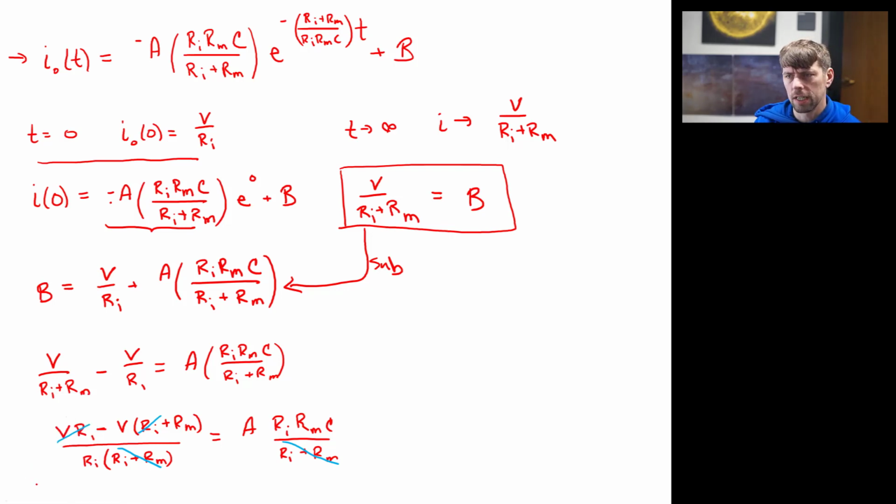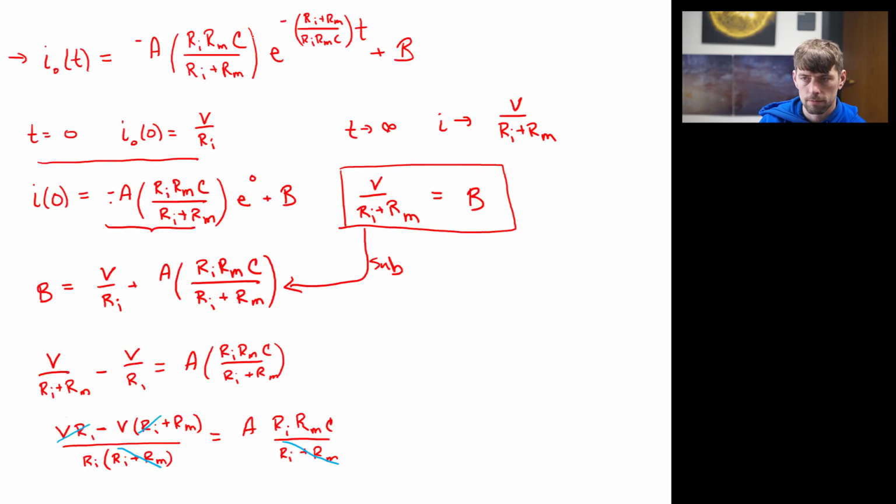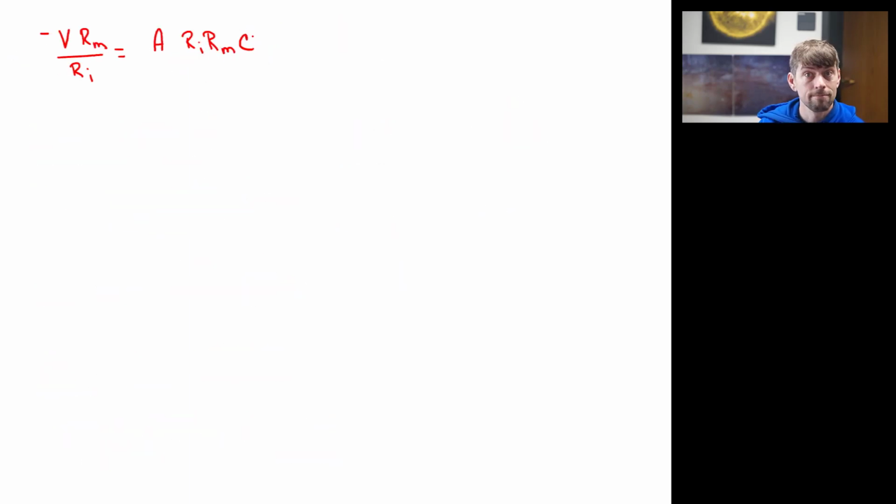So let me just take a gander here. Okay, let me go ahead and switch over to a new page. Notice that we'll have negative V Rm divided by Ri is equal to A Ri Rm times C. Oh, goody, goody.